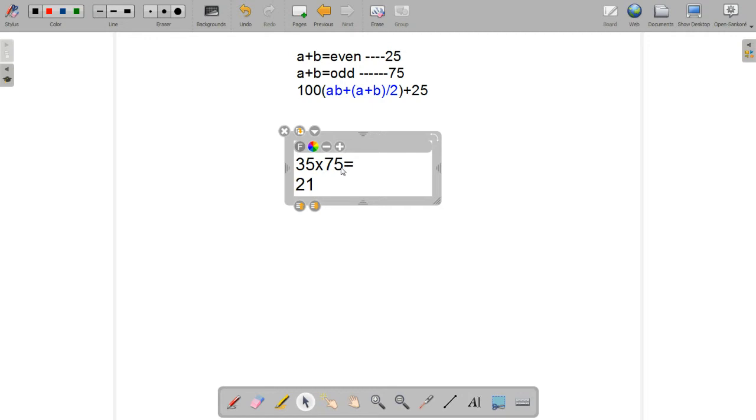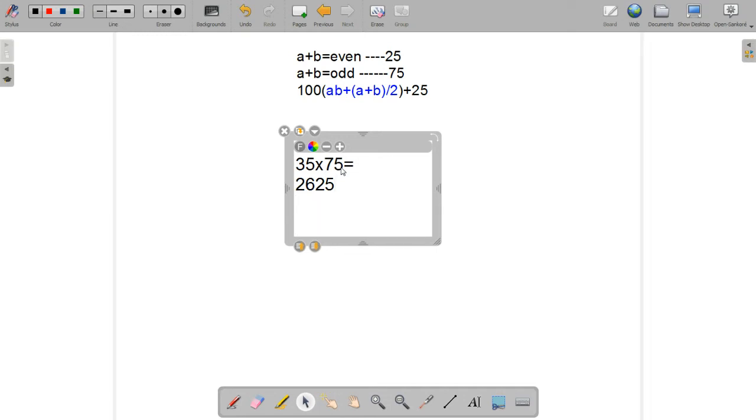Well, that's just 5. And that's just 26. Okay, now let's think of the condition. A plus B. That's 10, which is what? Even. And there you go. There's your answer.